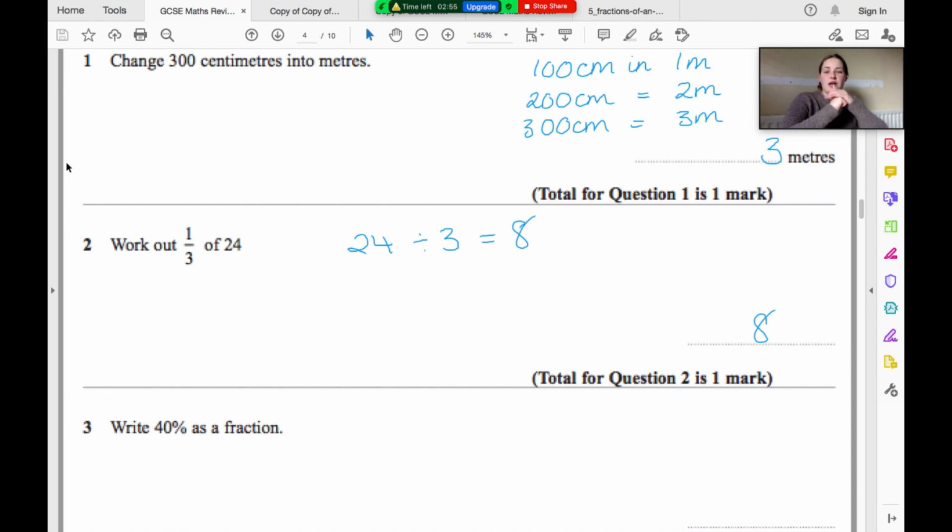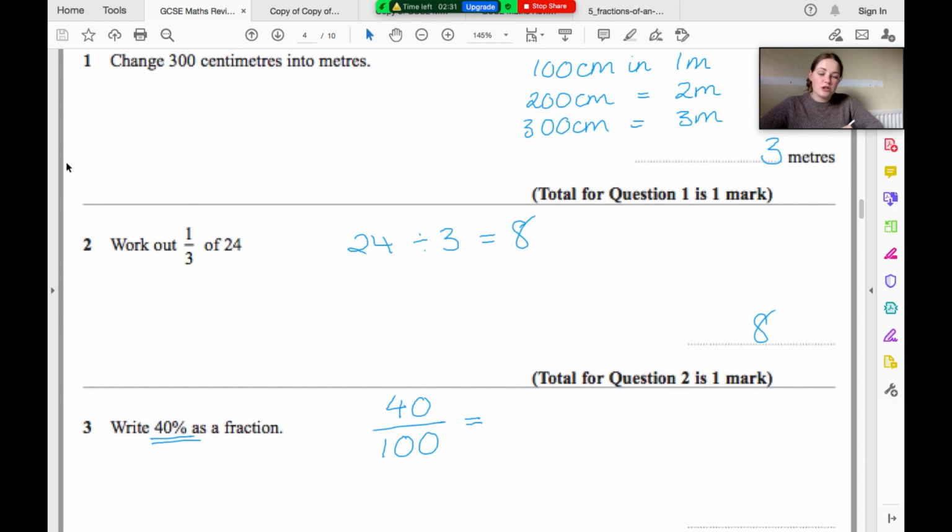And the next question will give us some good practice at simplifying a fraction, because 40% as a fraction, remember, if you don't know, you can put 40 over 100 because 40% means 40 out of 100, and then we can simplify our fraction.